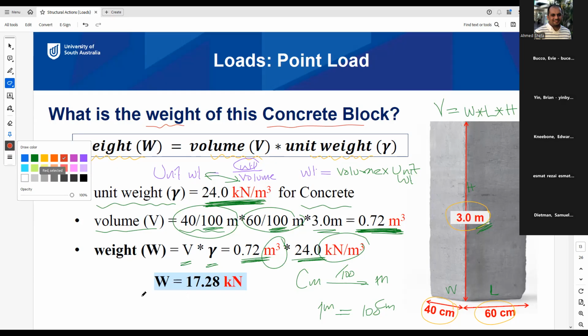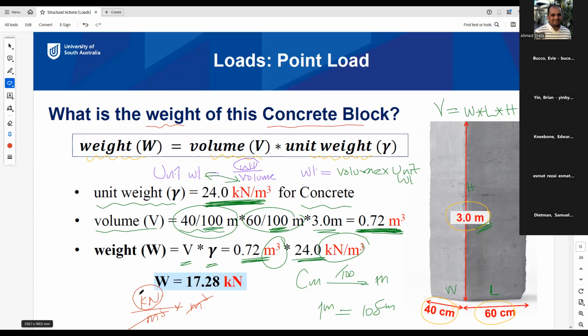So we have kilonewton over cubic meter times meter cubed. The meter cubed will cancel the meter cubed, so we will have the final unit as kilonewton.